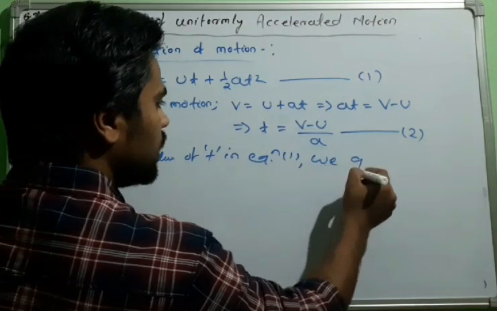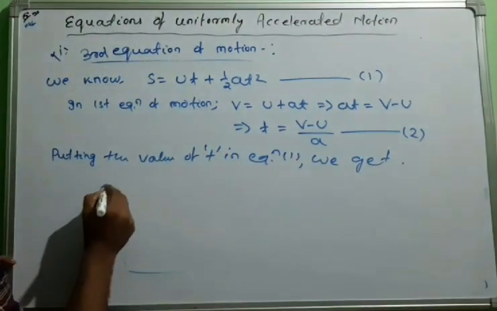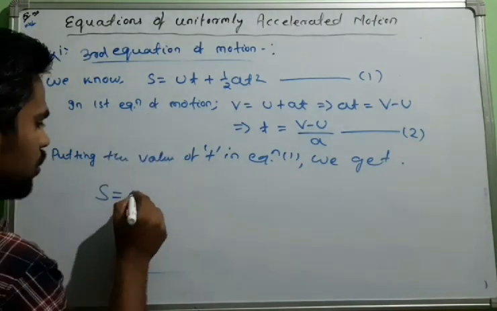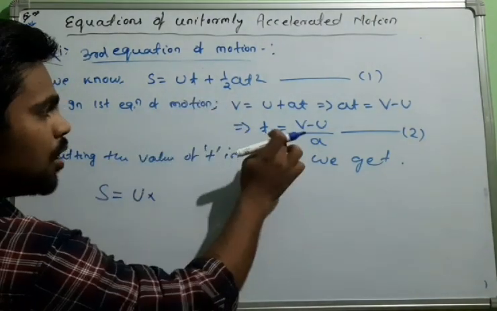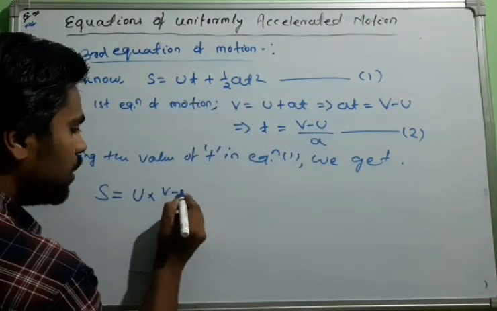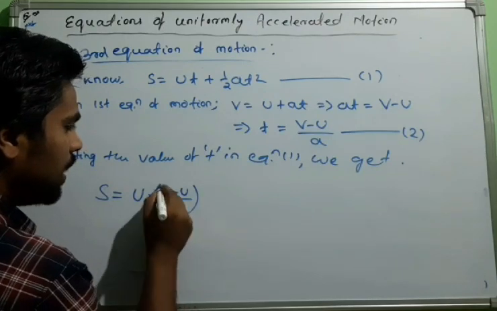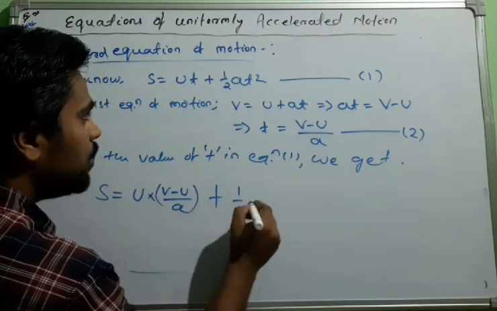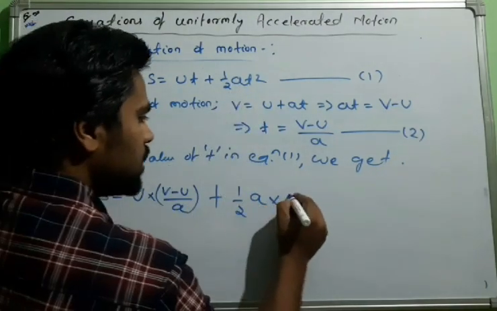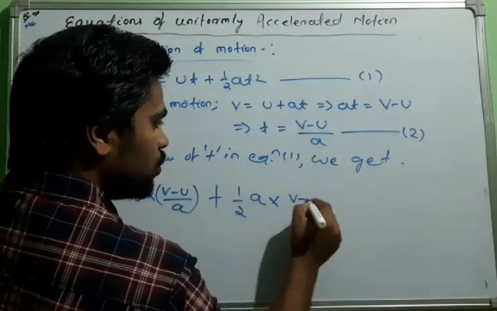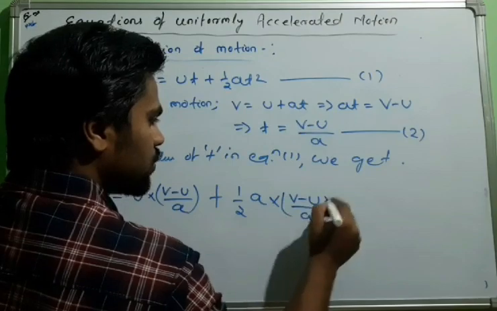We get S is equal to U into T, which is V minus U divided by A, plus half into A into T square. That means instead of T I can write V minus U divided by A whole square.